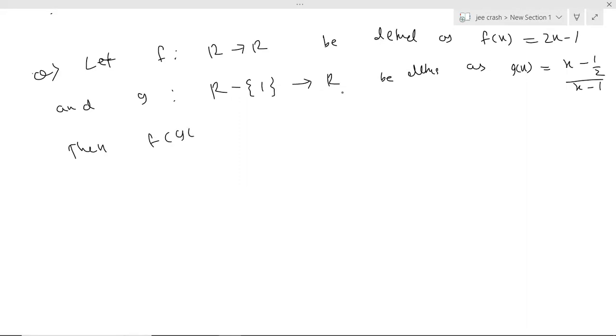Then f of g of x is, आपको बताना है ऑन टू है या ऑन वन है या क्या है, ठीक है। जितने कॉम्बिनेशन बनते हैं आप ऑप्शंस में सोच लो, 1 1 but not on to and so on.